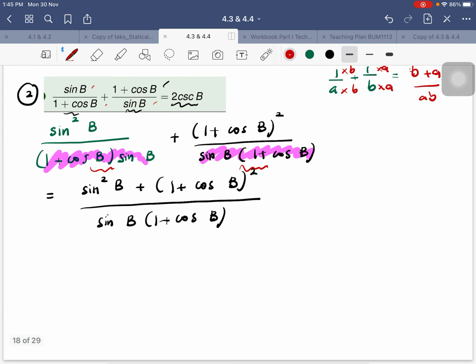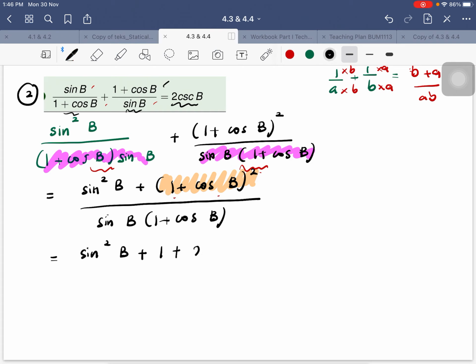Alright, so now what I'm going to do next is expand this part. If you notice, I have a function of 1 plus cos b, raised to the power of 2. So now let's start expanding the function, for which I will end up with sine square b plus 1 to the power of 2, that's a 1. And the middle term is going to be 2 multiplied by this, multiplied by that.